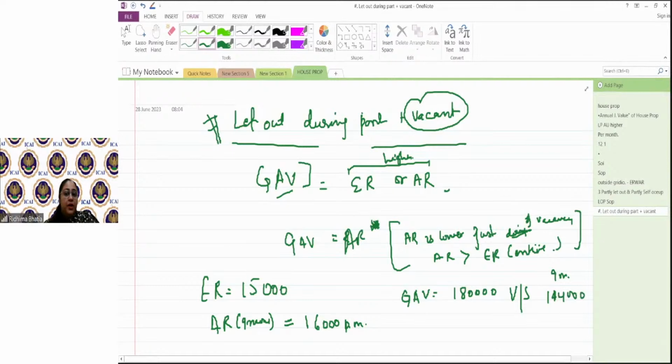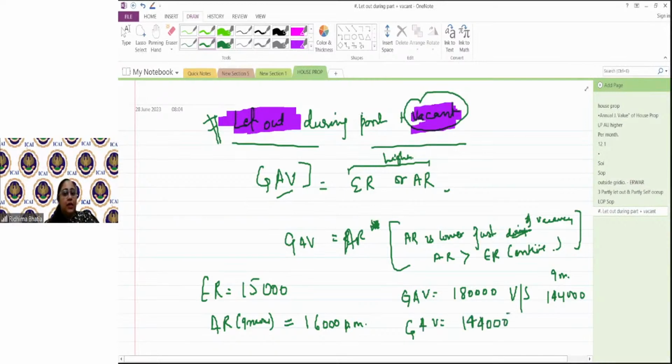1,44,000. But I am telling you, in this case, that is when let out during the part of the year and the remaining part it was vacant, you can take your gross annual value as 144.